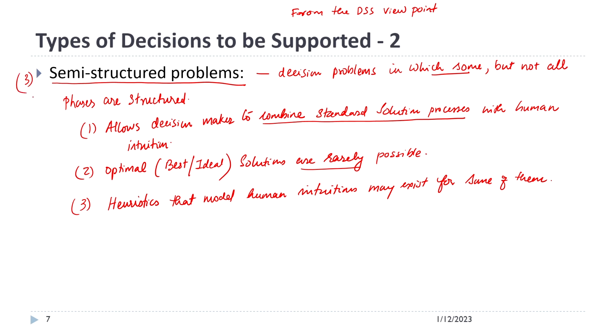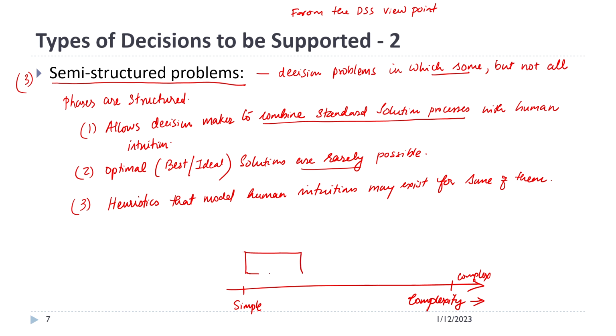So if you think about it, take the x axis as complexity, from simple to complex. The complexity increases as you move to the right. Then you have structured problems here. I have extended it to this level because it may start with really simple and go to somewhat complex.